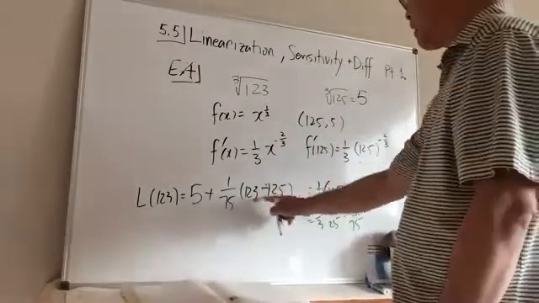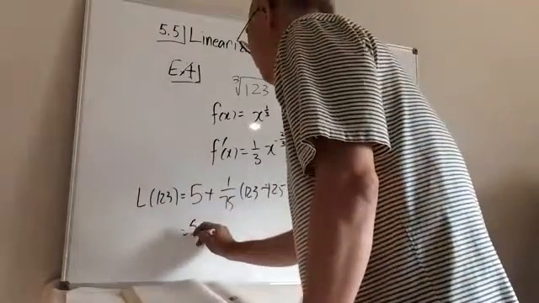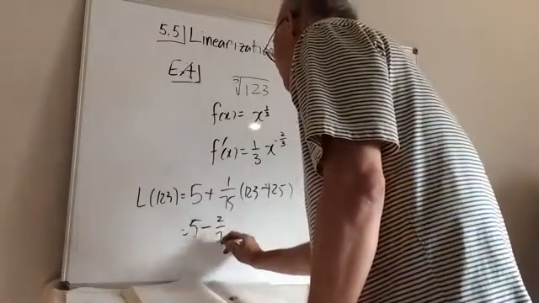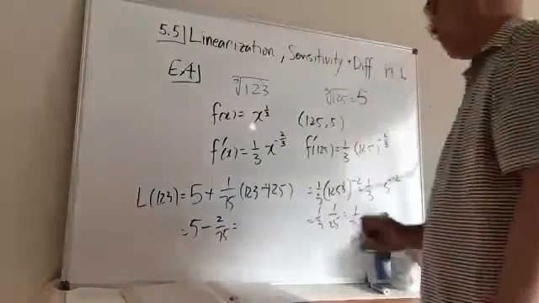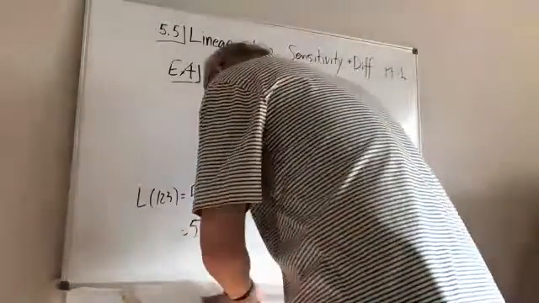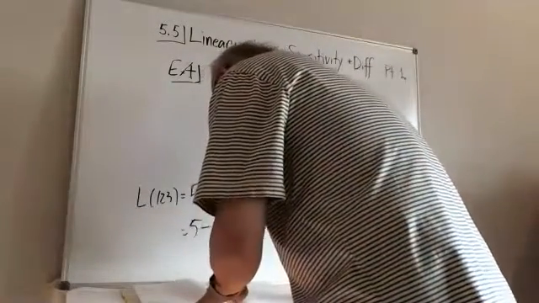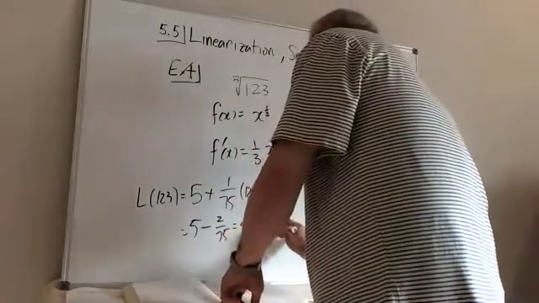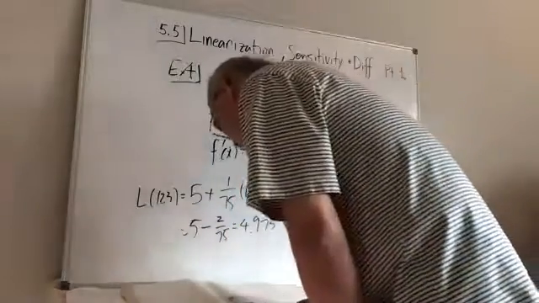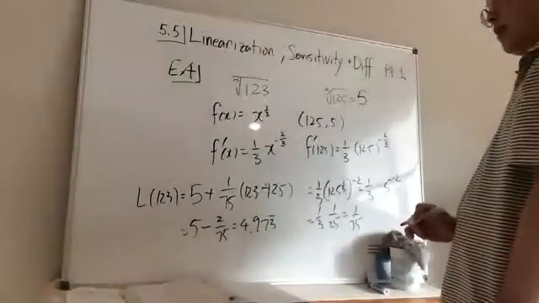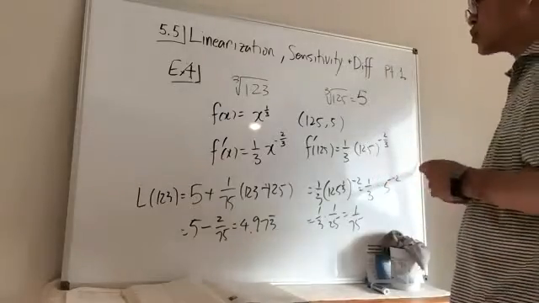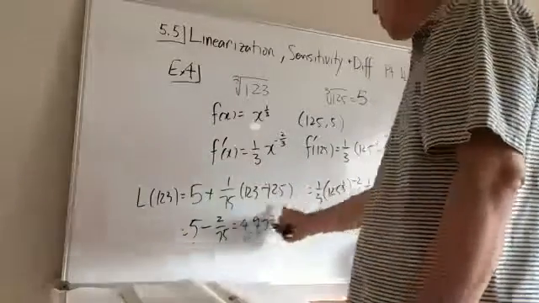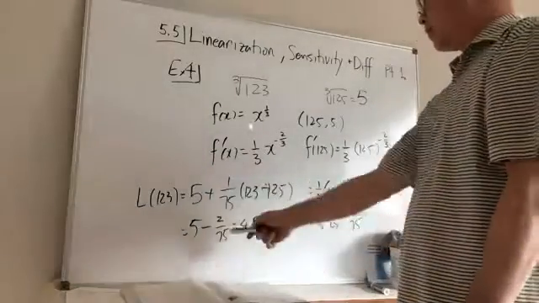So it's going to be minus 2. 5 minus 2/75, whatever that is, 4.973. Okay, again, that makes sense because it's close to 5, right?